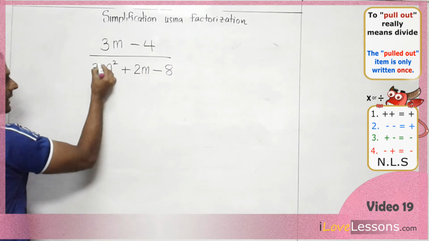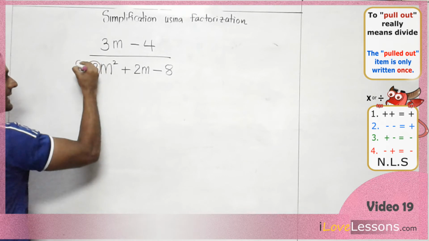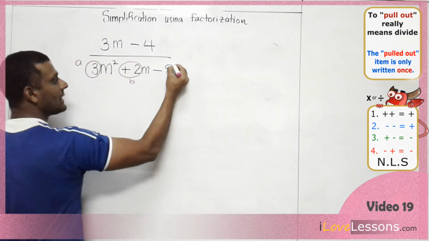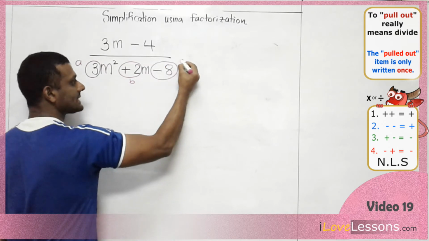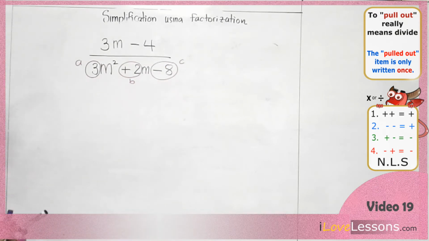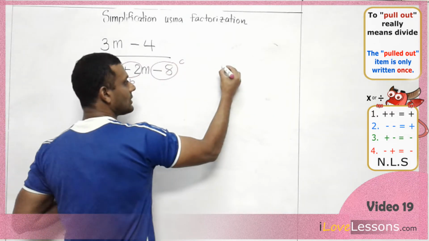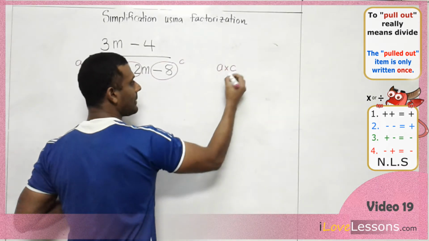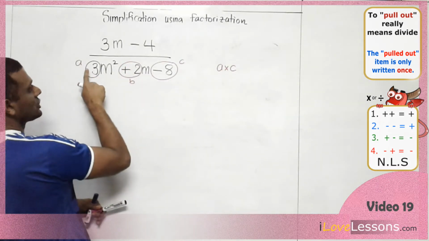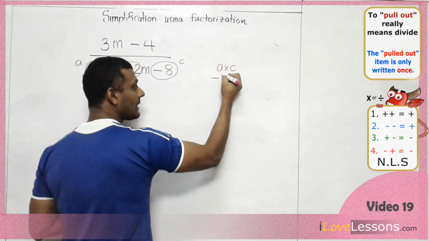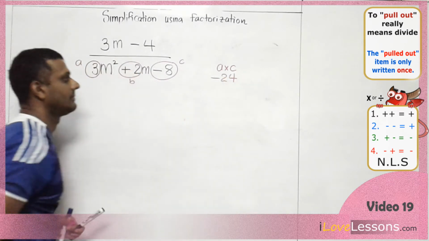M squared: the number touching the m squared is a, the number touching the m is b, and the number without the m attached is c. When you're factorizing a quadratic, your job is to multiply a by c. If we multiply a by c, we get 3 multiplied by minus 8, which is minus 24.